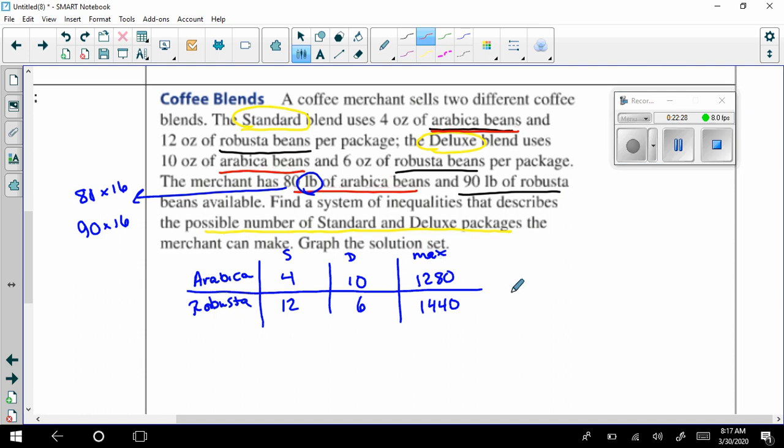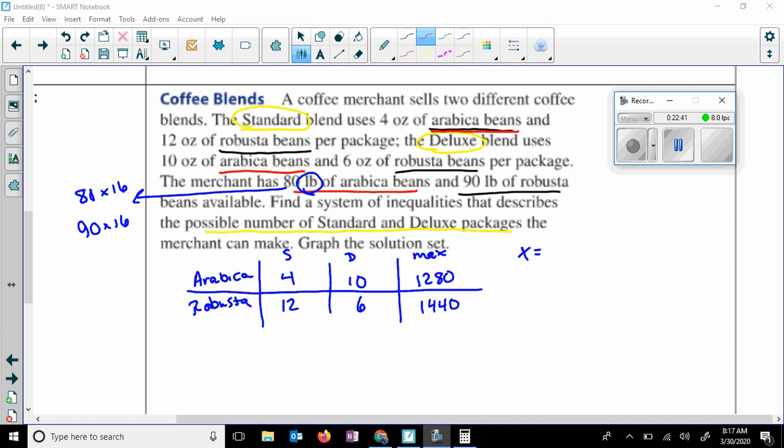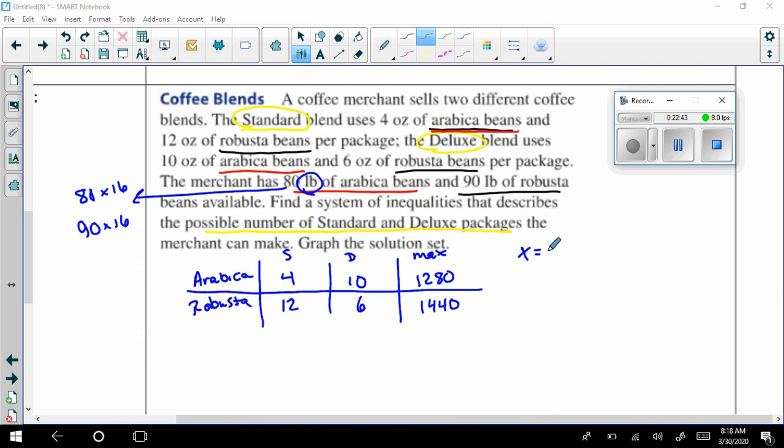And so we have, we'll let x equal the amount in standard and y equal the amount in the deluxe.